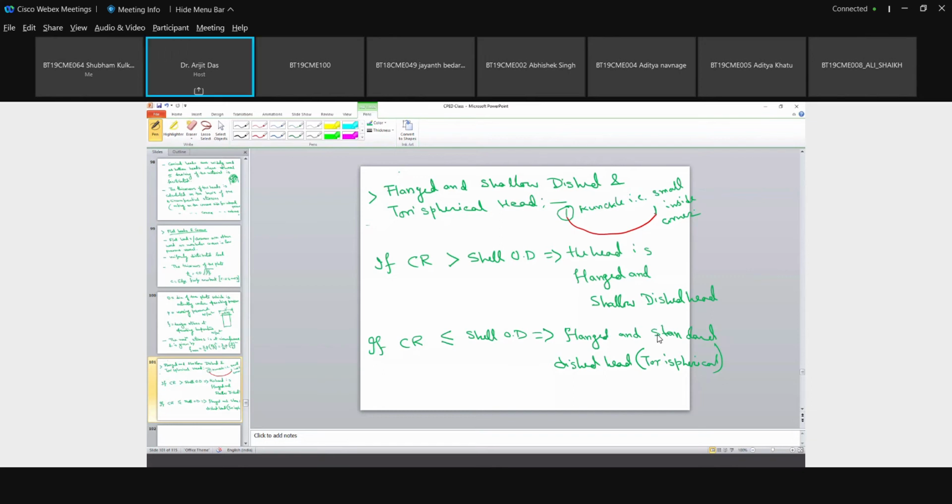Here is an abrupt change of the curvature, so the localized stress here is the maximum value. So the maximum stress will be at the knuckle portion.